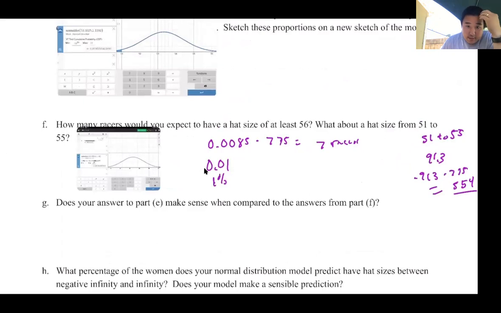Yes, 14 racers under size 51, 754 racers between 51 and 55, and 7 racers of size 55 or over. 775 racers in all. So if you add them all up, 7 plus 14 plus 754 equals 775. So what percentage of women does your normal distribution model predict have hat sizes between negative infinity and infinity? It should be 100%.